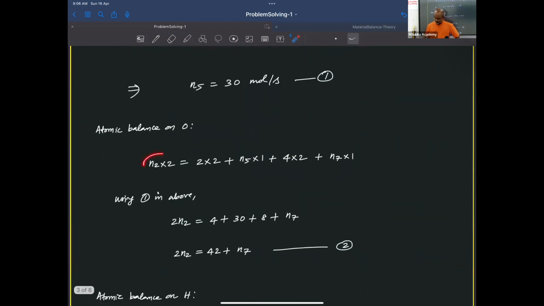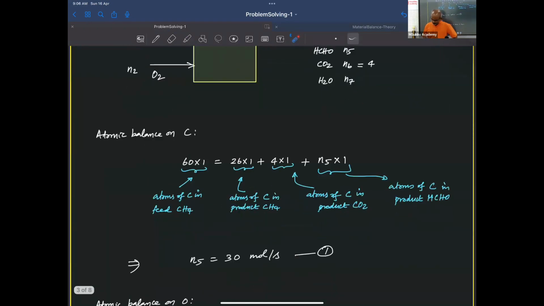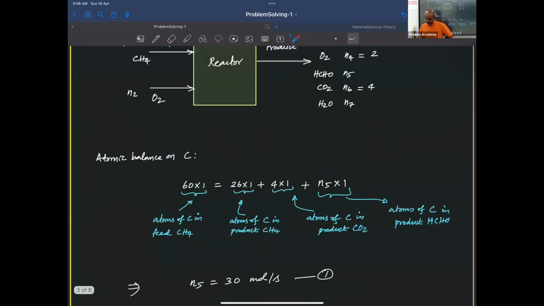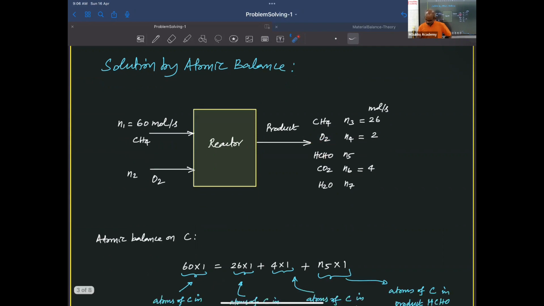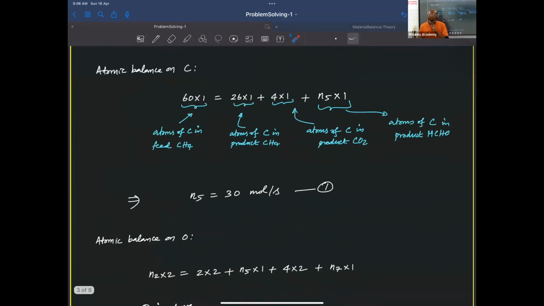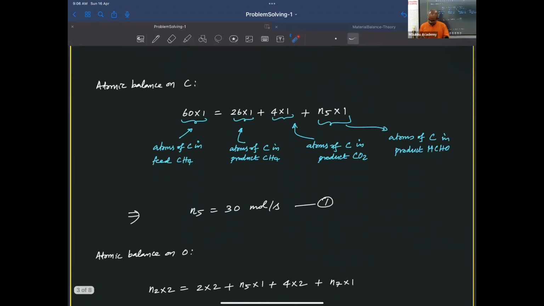And the O2 leaving is N4 times 2, because one O2 has 2 O atoms. N4 is already available, which is 2. So that's why I simply have 2 into 2.